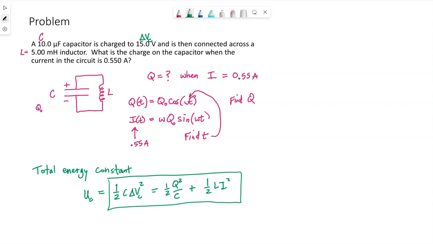So in this circuit, we know the value of the capacitor. We know delta V that the capacitor starts with. We know C, we know L, we know I at this moment in time. Q is our only unknown. So first off, I see there's a 1/2 in every term, so I'm going to go ahead and cancel that.